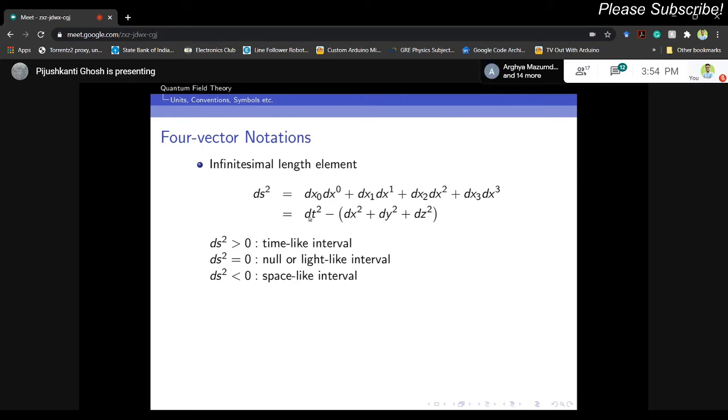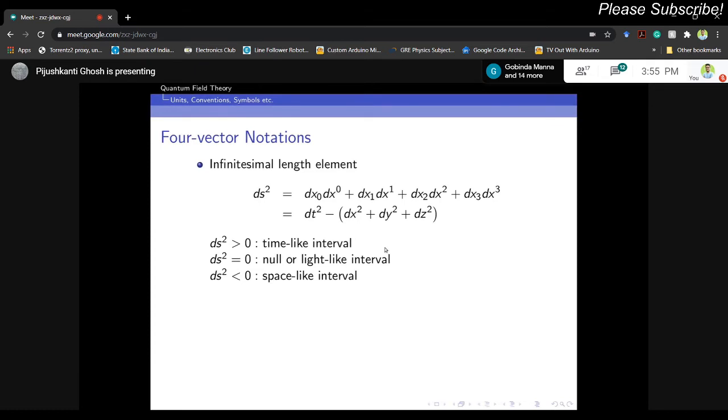If this is greater than this, then ds square is greater than 0. If this is less than this, then ds square is less than 0. There is a situation where this is equal to this, so ds square is equal to 0.